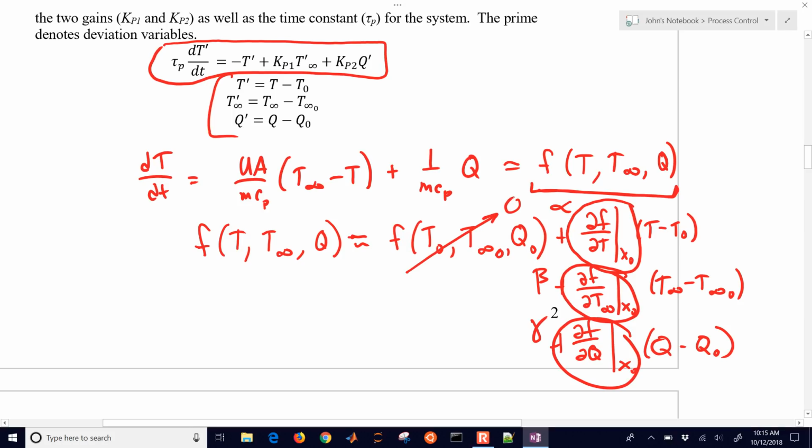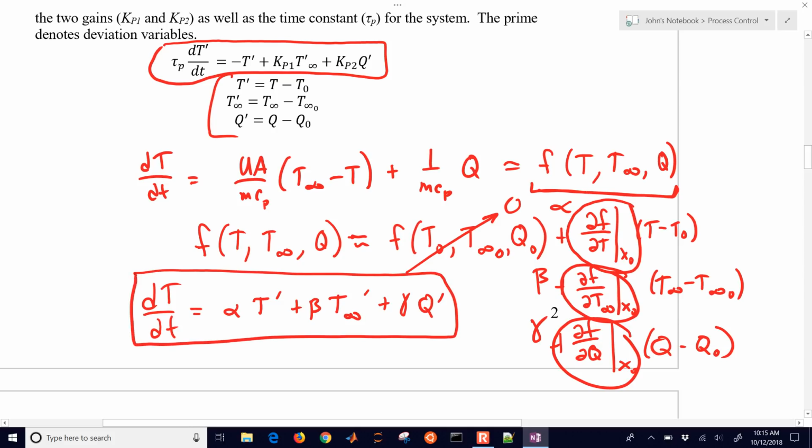So the only thing we'll have left is dT equals alpha times temperature prime plus beta times temperature infinity prime plus gamma times Q prime. That will be our linearized equation.